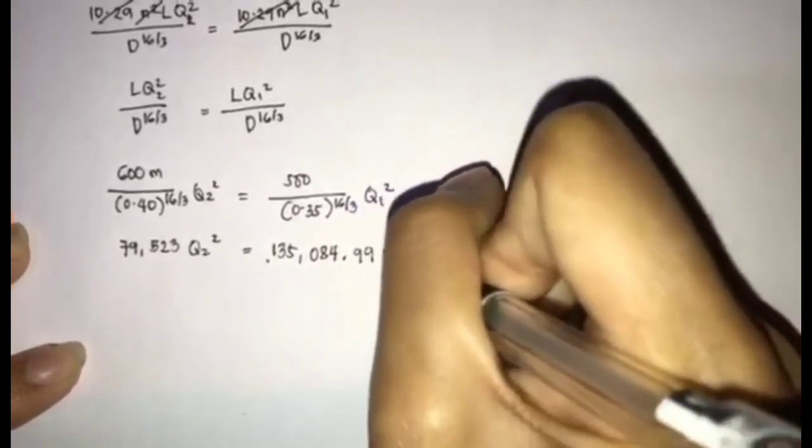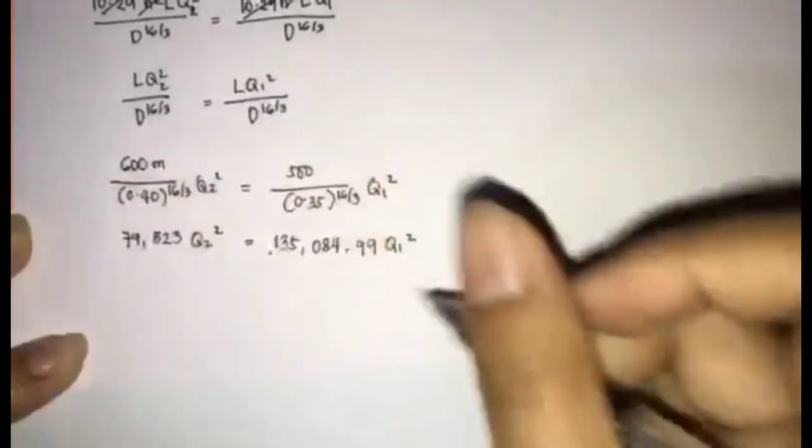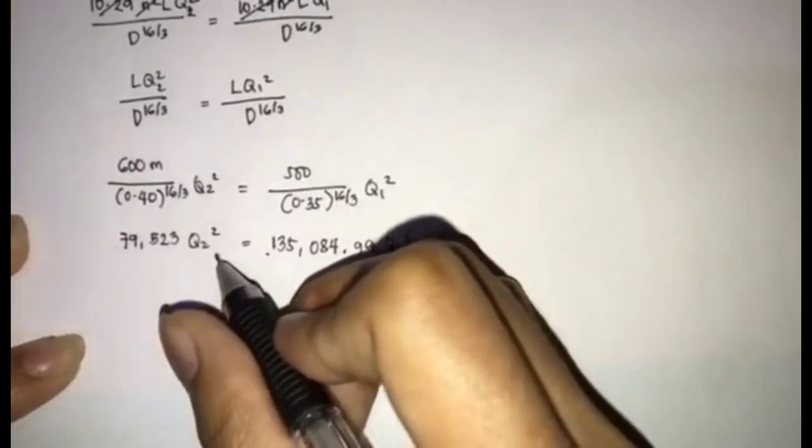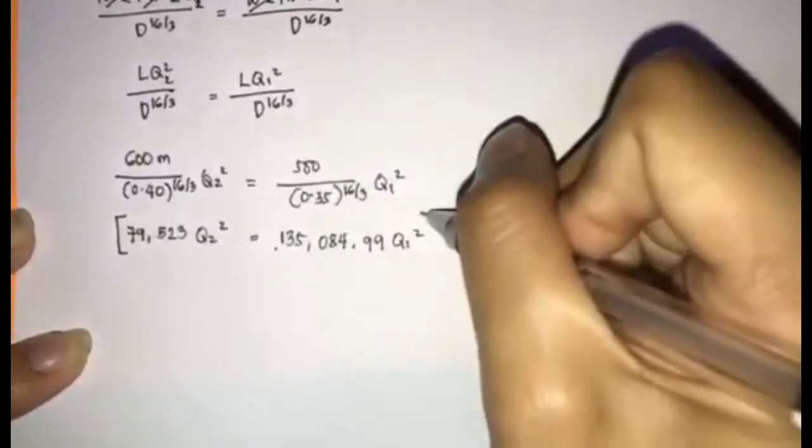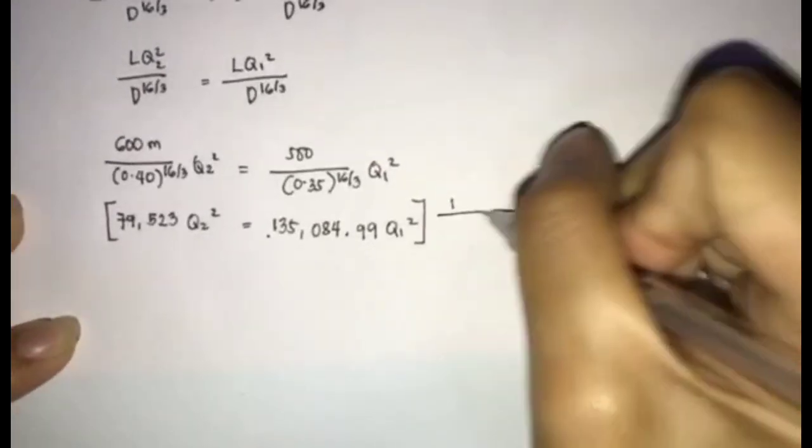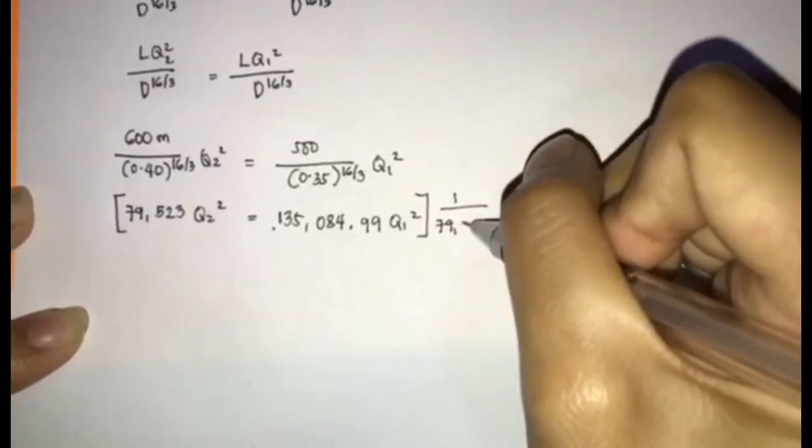So, plugging in the calculator, we get the value of 79,523 Q sub 2 squared, and the other side 135,084.99 Q1 squared. So, in order to get the value of Q2 in terms of Q1, we divide both sides by 79,523.